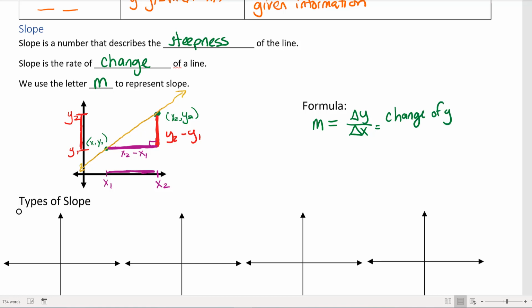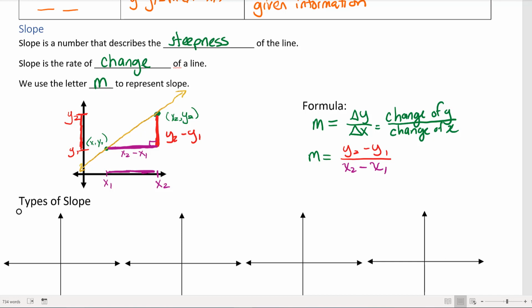So we're going to take the y distance, how far did it change vertically, which in my formula is the red y2 minus y1, over the change in x. And what is the change in x? Well, that's the purple x2 minus x1. So this is the formula for slope.